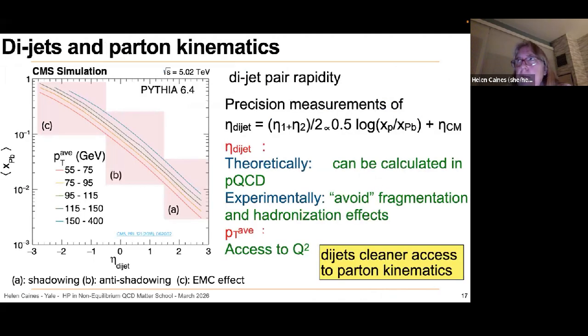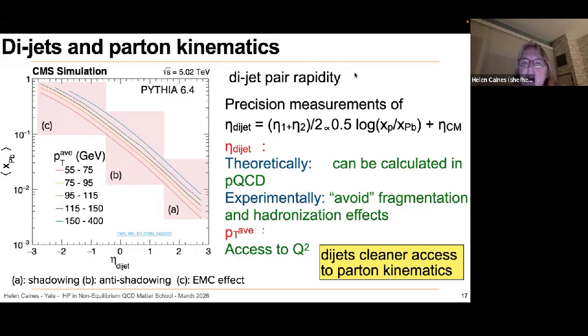But we want to go a bit deeper into this because I told you the X is important. And when we take inclusive jet measurements, we're integrating over a large range in X. It's very hard to tell what X we are actually looking at. So this is where dijets come in, really measuring the back-to-back pair of them.